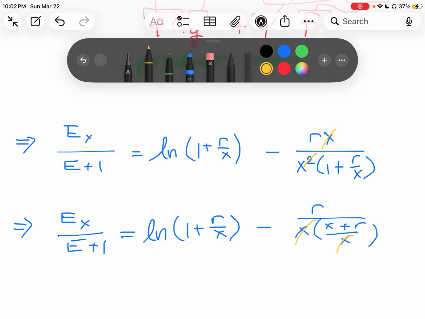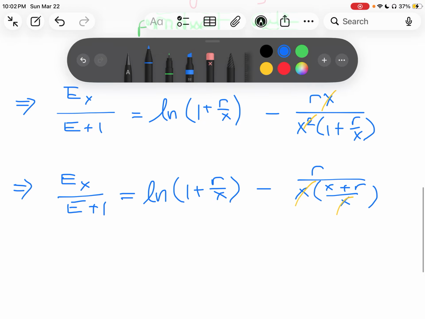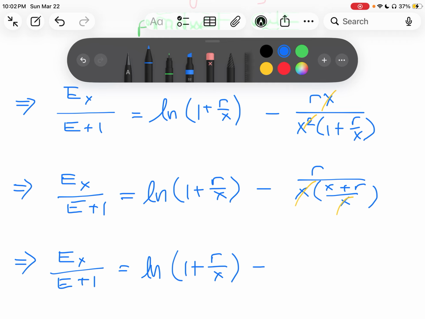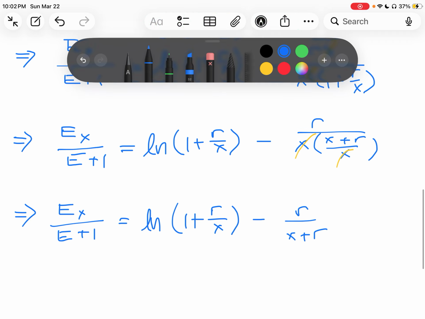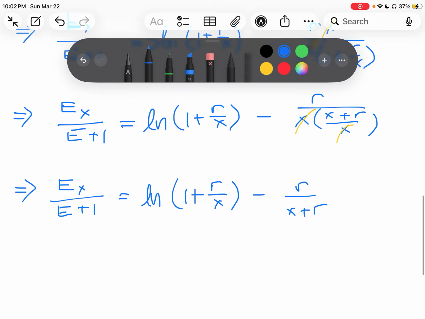This cancels out with this, right? And so here we have e sub x over e plus 1 equals ln of 1 plus r over x minus r over x plus r. So it's starting to look like what we wanted to find, right?